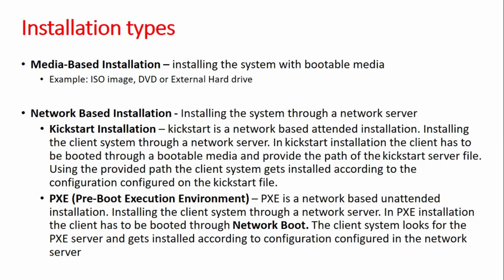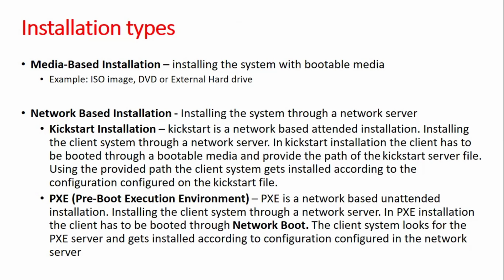The second type of network installation is PXE installation. PXE installation is a network based unattended installation. In this type of installation, the client system gets installed through a network server, just like Kickstart. In PXE, the client has to be booted through a network boot.